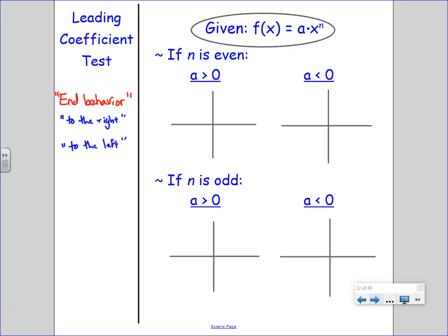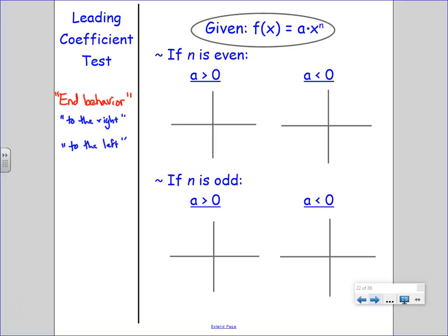End behavior, I mean as you go to the ends, to the right towards positive infinity, and to the left towards negative infinity. We already kind of know what's going to go on though, I think.